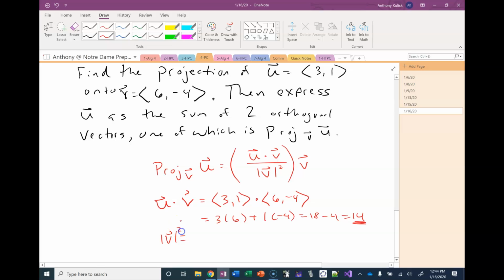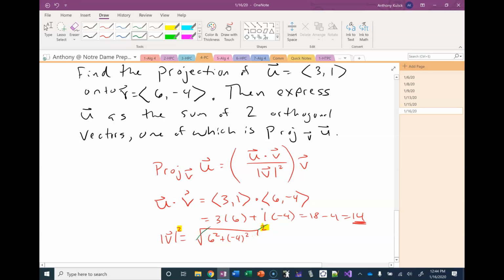And then I'm going to find the magnitude of v squared next. So the magnitude of v is the square root of its x component squared plus its y component squared. And because we're looking at magnitude squared, I have that whole thing squared. Is everybody okay there?